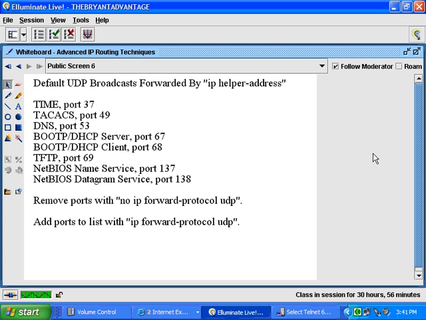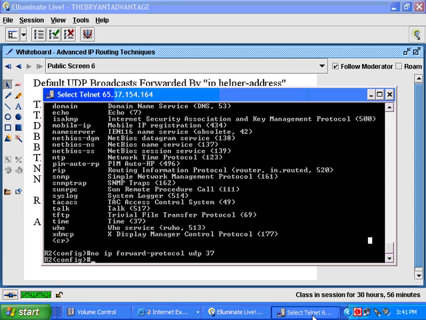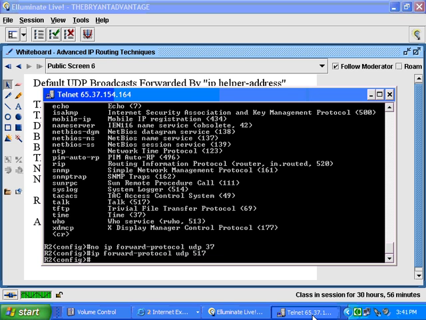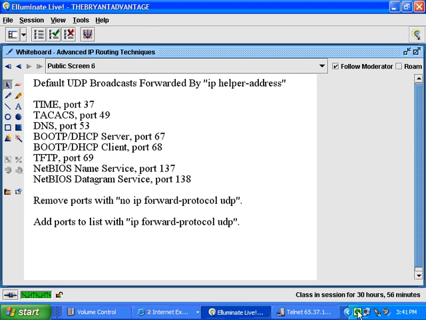And if we want to remove some from the default list, we can use the no ip forward-protocol udp command to do so. And if we want to add ports to it, as you saw there, use the ip forward-protocol command, UDP. Don't forget UDP there. And if we wanted to add the talk port here for some reason, we type in the port number, and it's IOS Help that shows us all those port numbers in the first place. Very helpful feature.